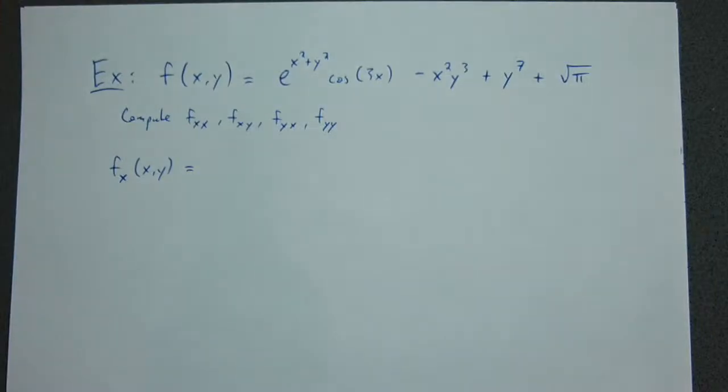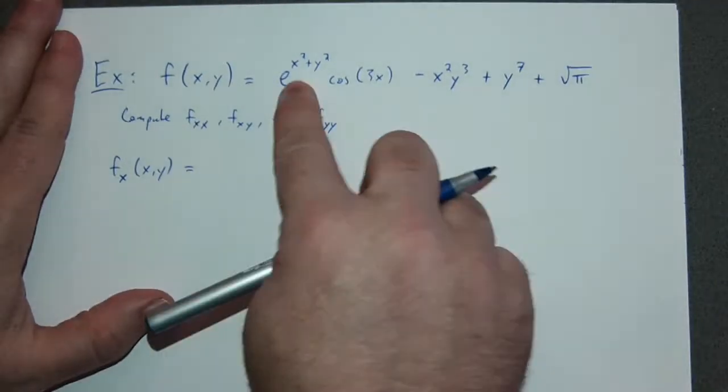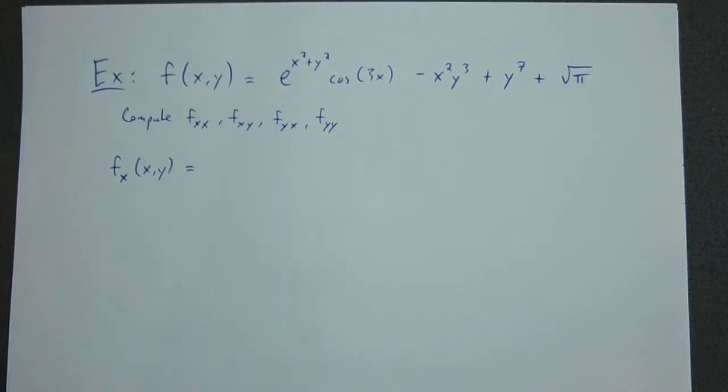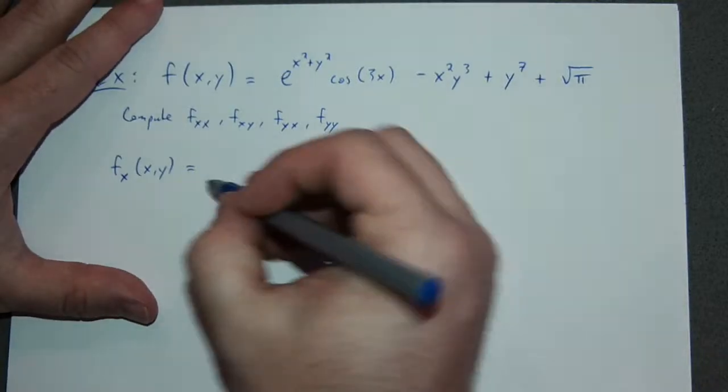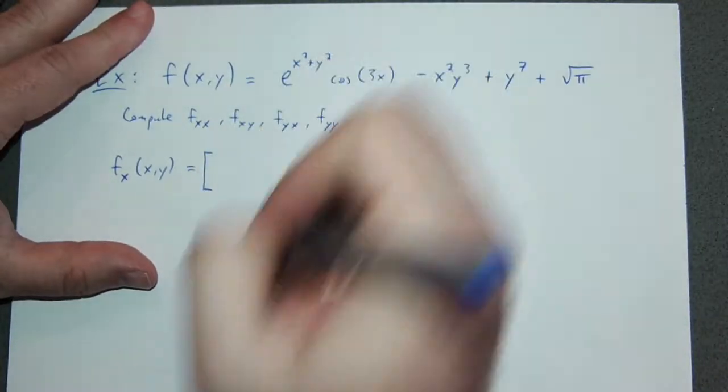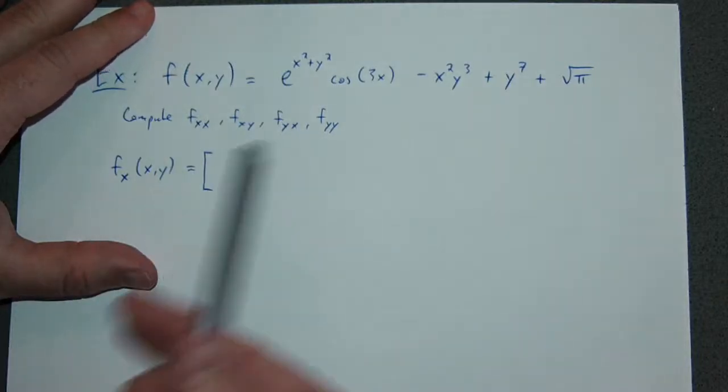Well, this is, again, I've got this product with respect to x here in my first term. So what is this? And again, it can help to write this out in the early stages so that you remember what is going on here.